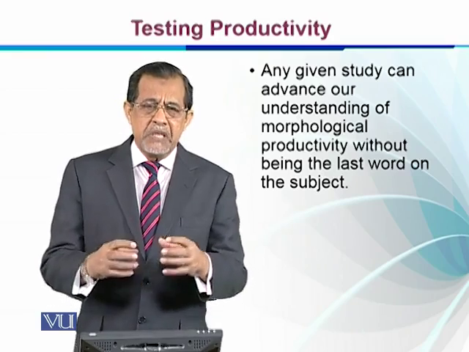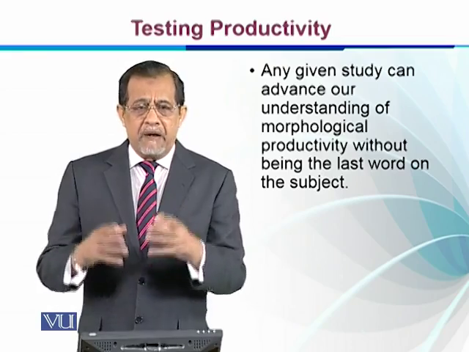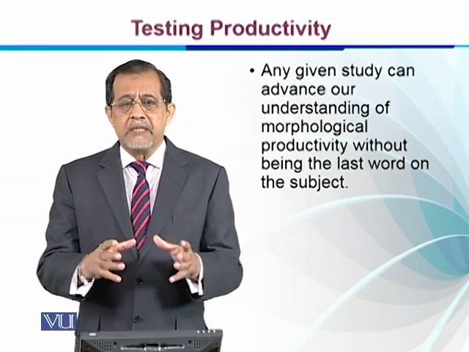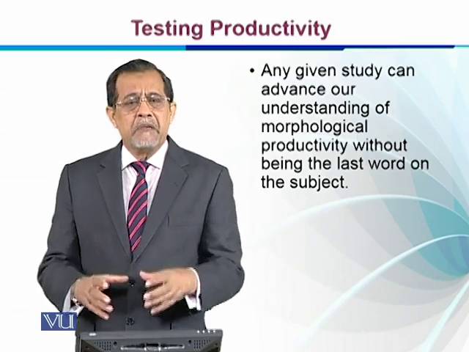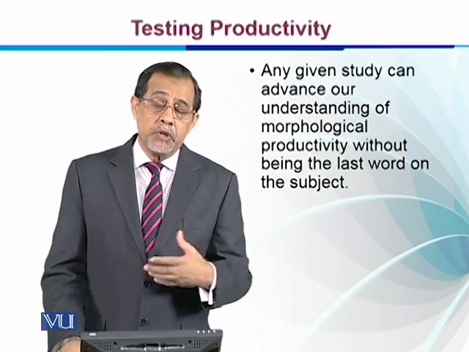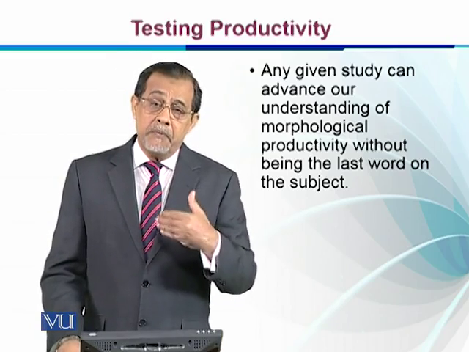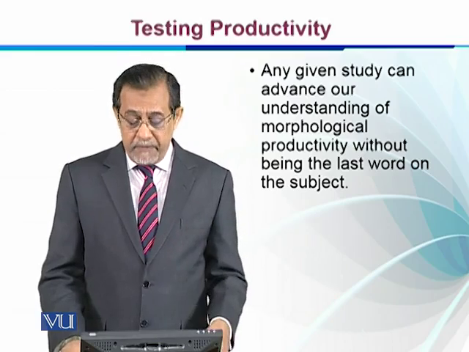So whenever we carry out such a test, obviously we do not say that what we have found is the last word on that topic. There are more tests to come, and there are other researchers who are also doing the same experiments to find the same productivity of language.